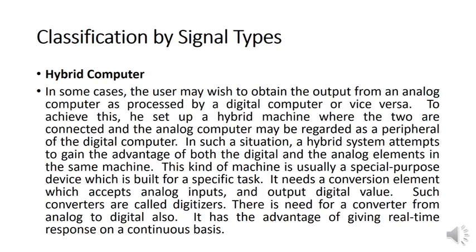So the explanation is saying that the user may wish to obtain the output from an analog computer as processed by a digital computer or vice versa. To achieve this, he sets up a hybrid machine where the two are connected and the analog computer may be regarded as a peripheral of the digital computer.